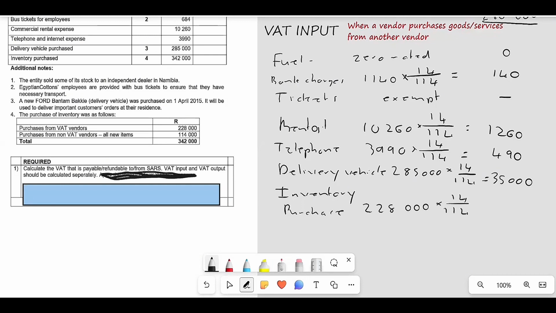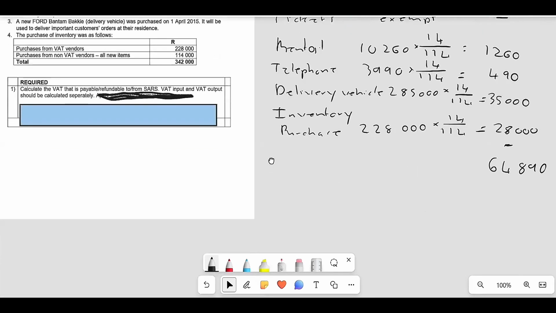So this would give you an amount of 28,000. Then purchases from non-VAT vendors would be, not exempt, actually, it would be input denied. So there's no need for us to do anything. Then you compute all the amounts and they get us to a total of 64,890.